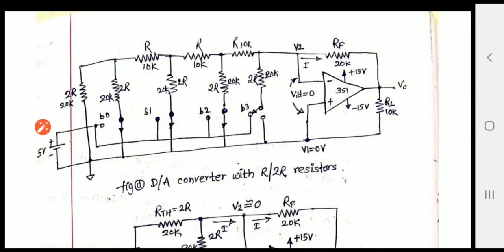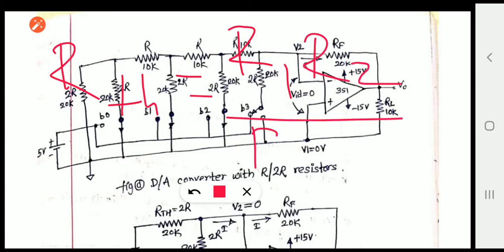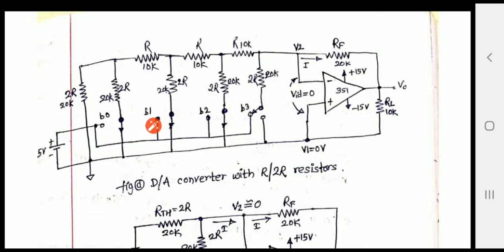At this side, 2R and 2R are connected in parallel. We know that the Thevenin's equivalent resistance formula is nothing but RTH equals R1 into R2 divided by R1 plus R2. Using this formula we need to find out the resistance across these two.